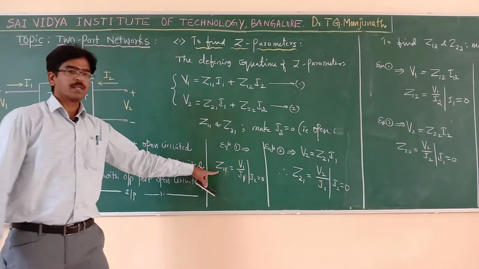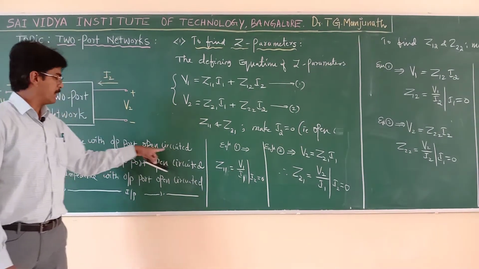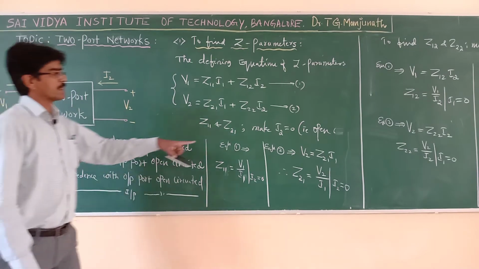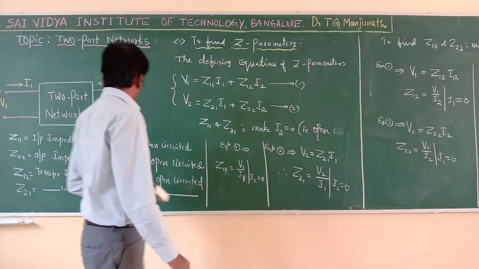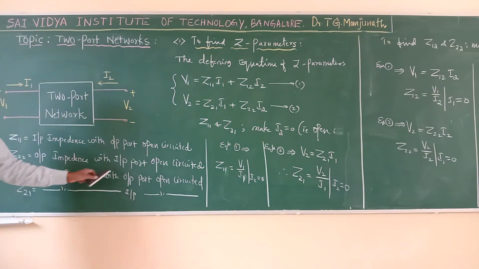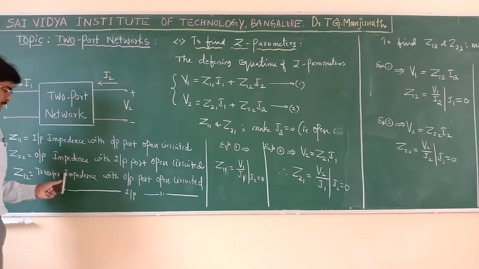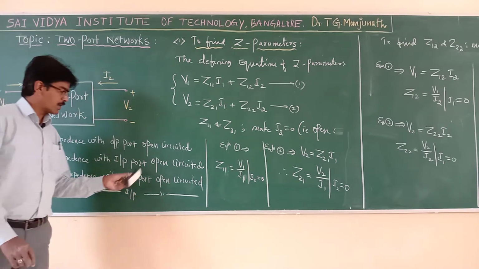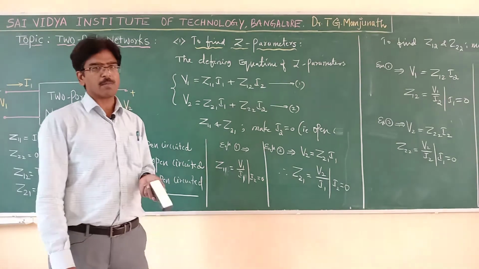Now Z11 is input impedance with output port open circuited, and Z22 is output impedance with input port open circuited, and Z12 is transfer impedance with output port open circuited. Z21 is again transfer impedance with input port open circuited. That is how to define those parameters.